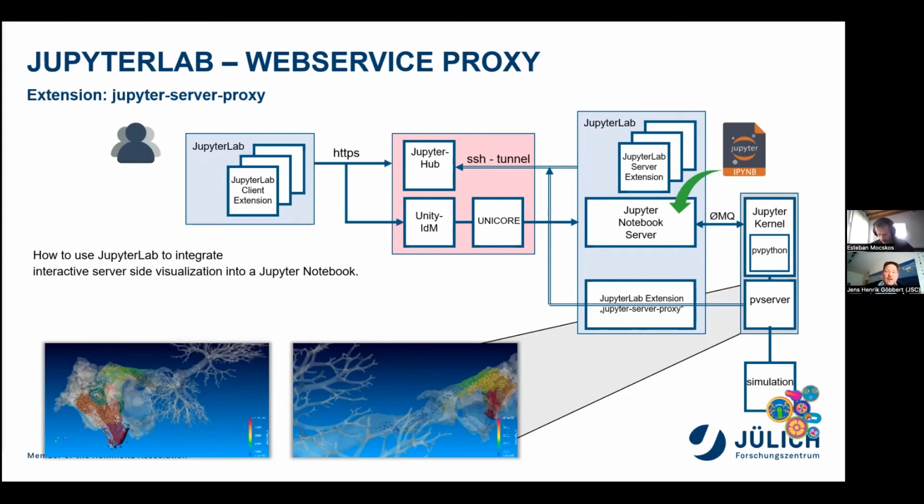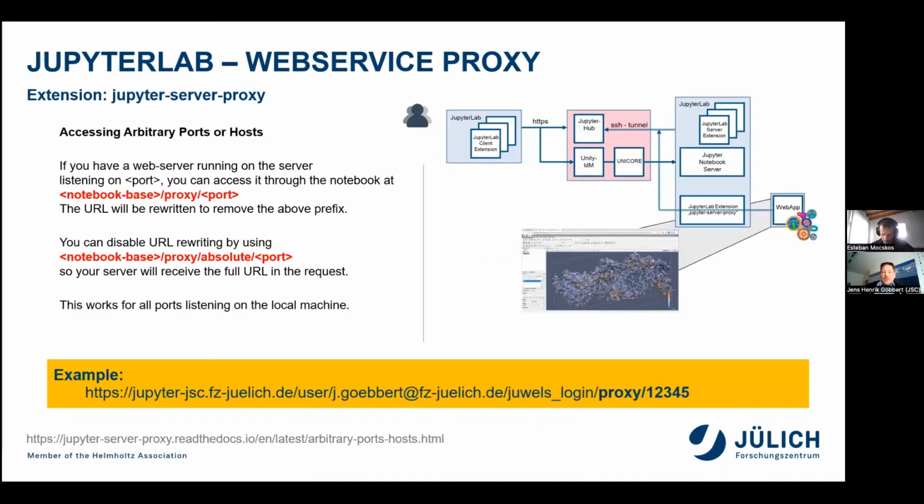These are passed through Jupyter Server Proxy to the browser, and you can see live images of the simulation without having to bother about how to tunnel things to the outer world, just by changing the URL. You see it in the yellow box: one just adds proxy/ and the port number, and suddenly you have access to that port on the system where your JupyterLab server runs.